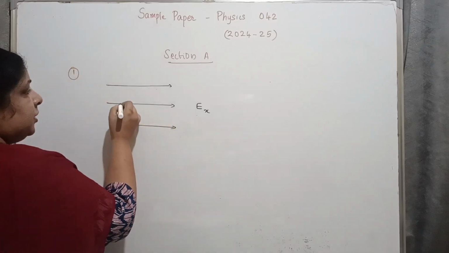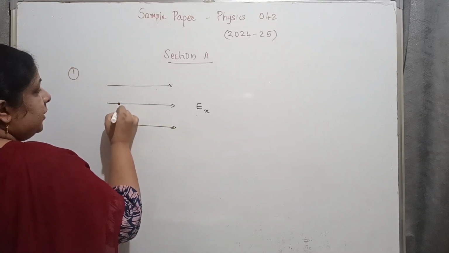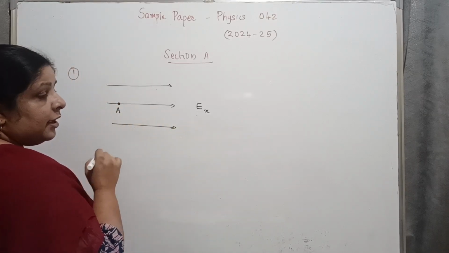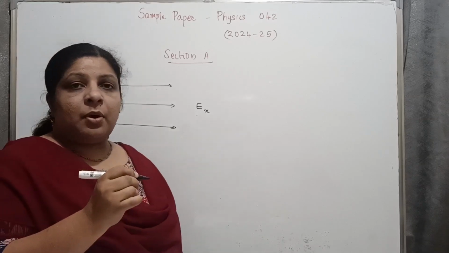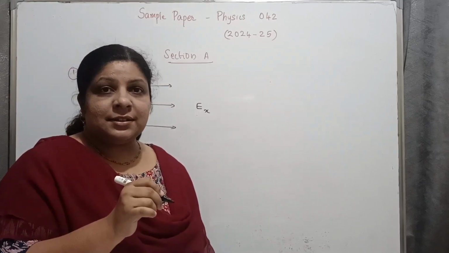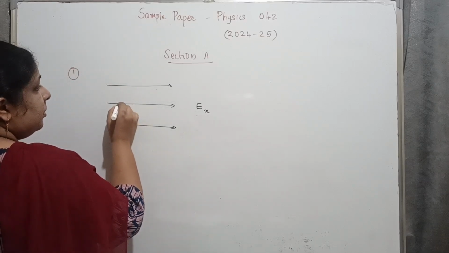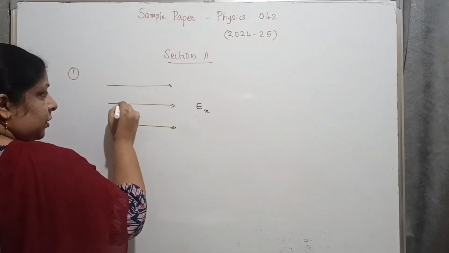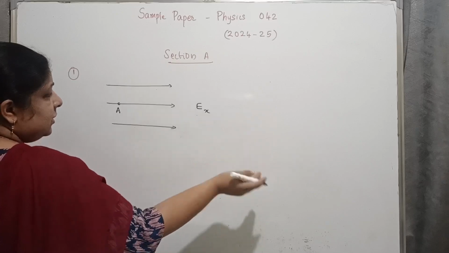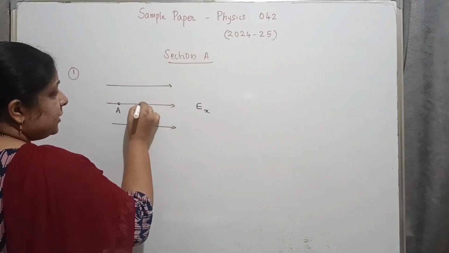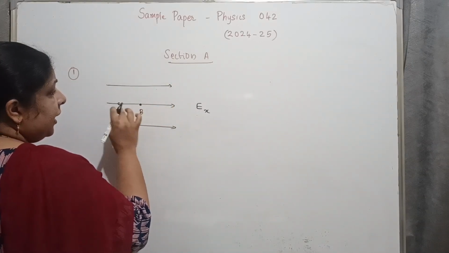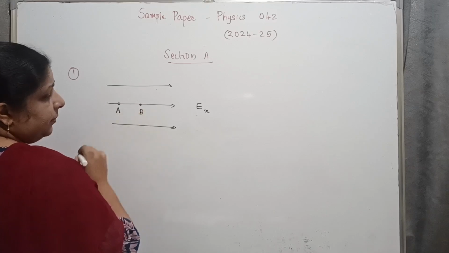So A is the origin, and B is a point along the x-axis at a distance of plus 1. The electric field is along the x-axis.